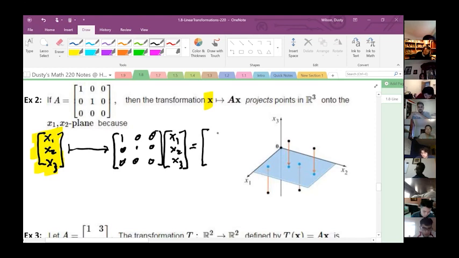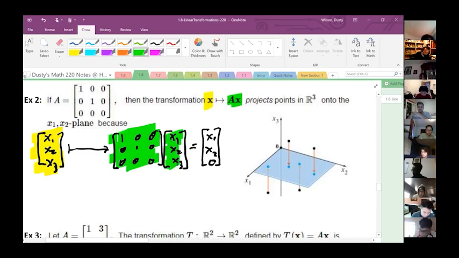When you do the multiplication, what do you get out? Yeah, from Evan, you get out X1, X2, and 0. So your output is A times X, which simplifies to this thing right here.